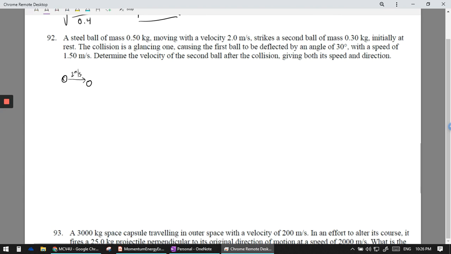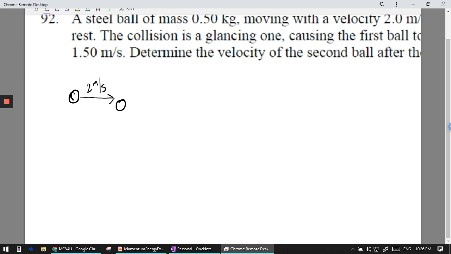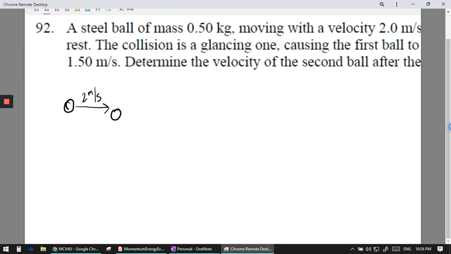Let me zoom in on this. This is ball A, we'll call this, right? Let me make this ball a little bit nicer. Ball A, right? And this is going to be ball B, okay? And that's basically before the collision. And now after the collision, here's a collision, boom, and bang. Ball B goes down that way.